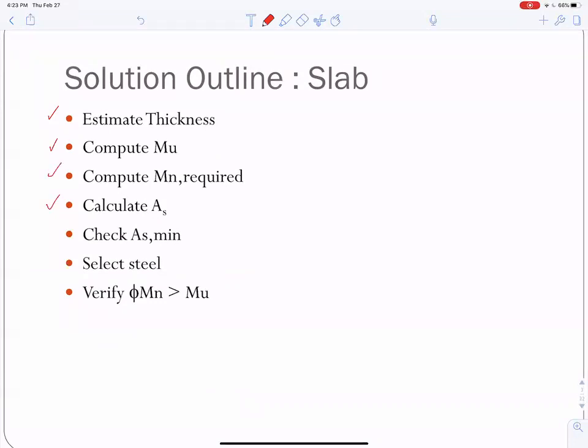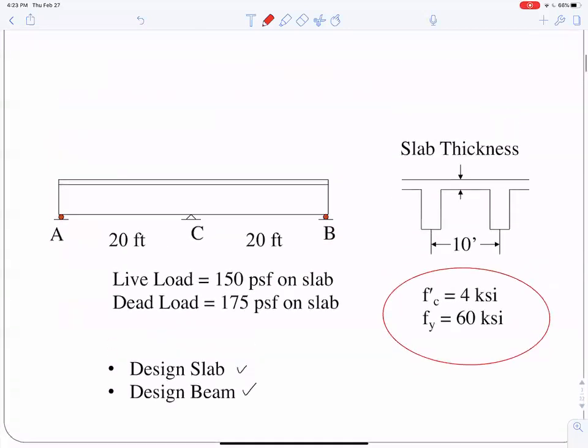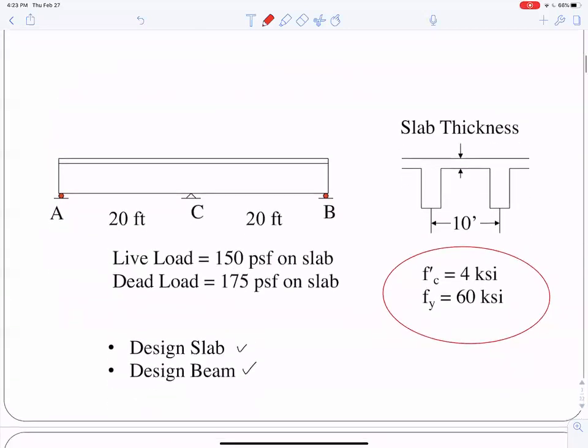It may or may not be less than AS min. I've got some pretty heavy loads on this slab, and select the steel and verify that phi MN is greater than MU.